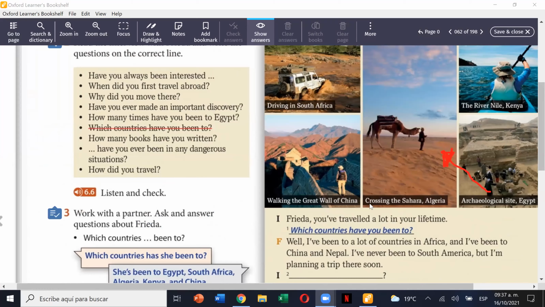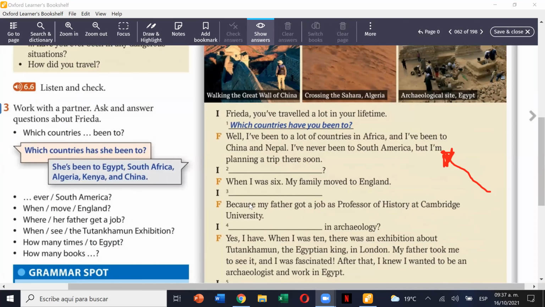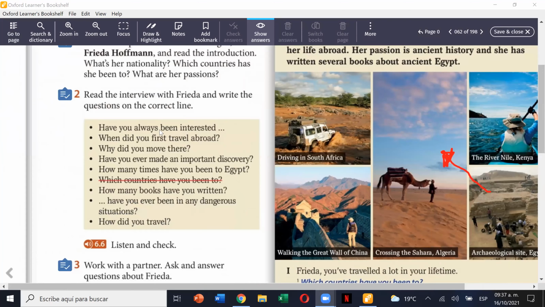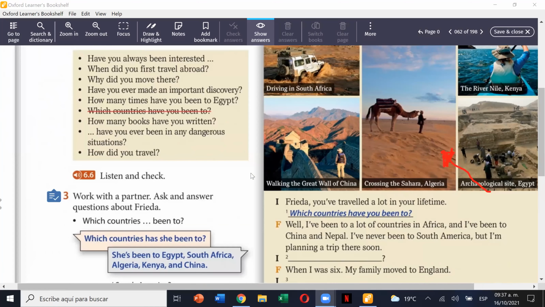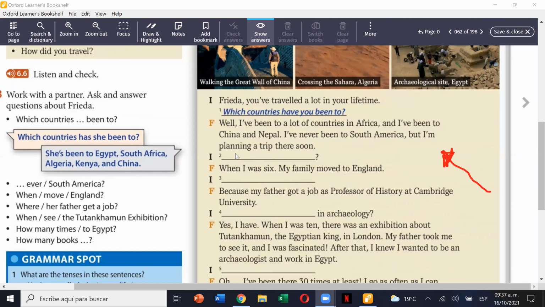Yes, when did you first travel abroad? That's the correct answer. Because if the answer is because, so the question should be why. Why did you move there? Because blah, blah, blah, my father got a job.